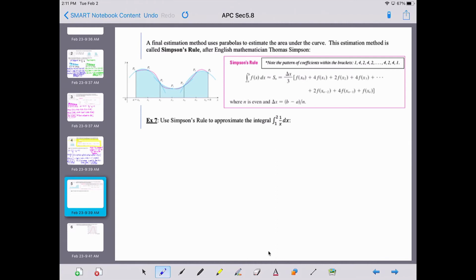Okay, so it always starts with a 1, 4, and then it goes 2, 4, 2, 4, 2, 4, and then it always ends with a 4, 1 at the end. And again, the number of values in the parentheses will be n plus 1 due to the formula. So I've got that little note to write here.